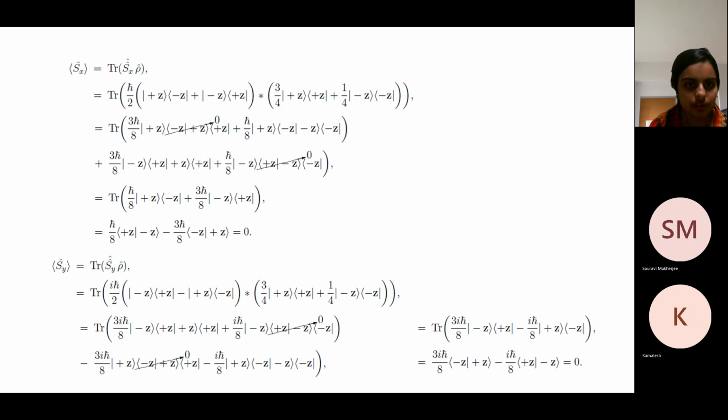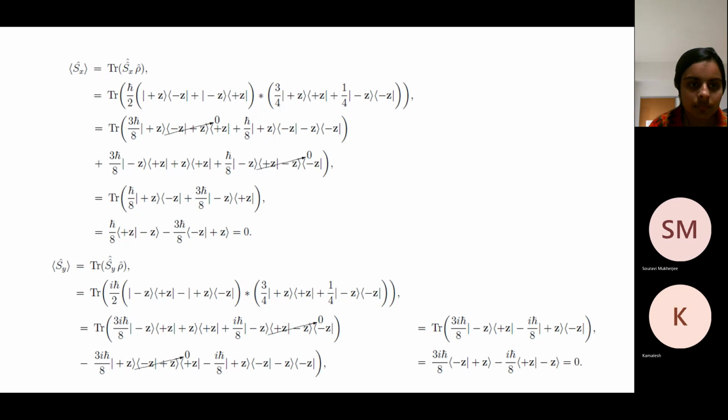So Sx and Sy would be 0. Whenever you get a density matrix, try to think what it means physically, as that can make problem solving much easier.